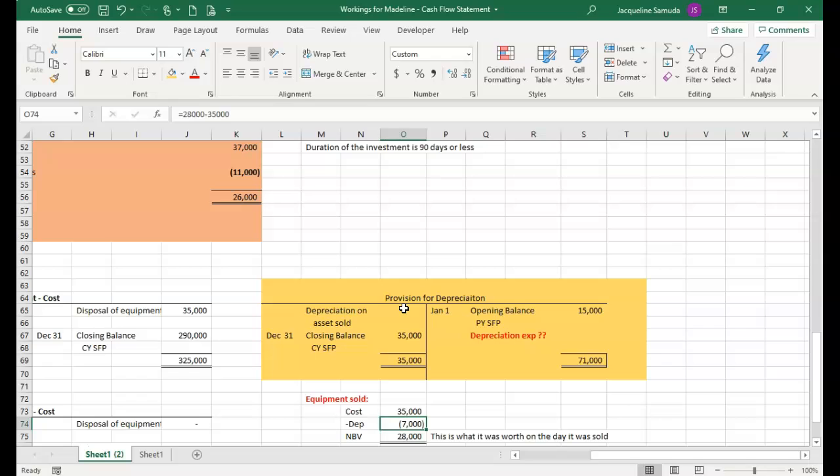But let's look at the logic of placing it here. When the year started, that $7,000 was sitting in this figure because the assets depreciation was present at the start of the year. So if during the year the asset was sold, it means that you have to remove the $7,000 that was here on the credit side.